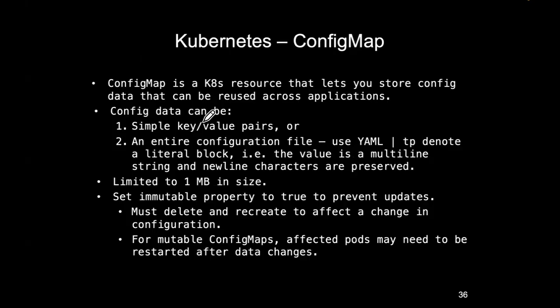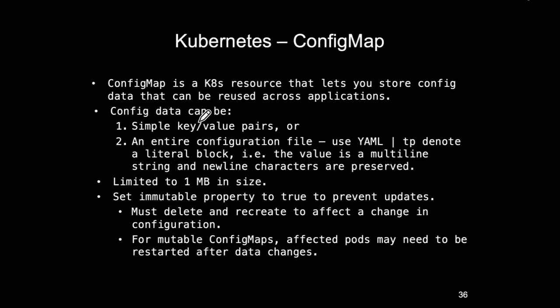Now, what you can do as well, though, is for certain applications that are running in a container within a pod, maybe that application, for example, Nginx, uses a configuration file for its own configuration rather than key value pairs.